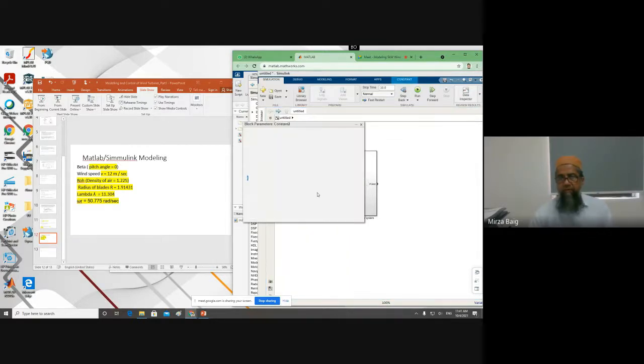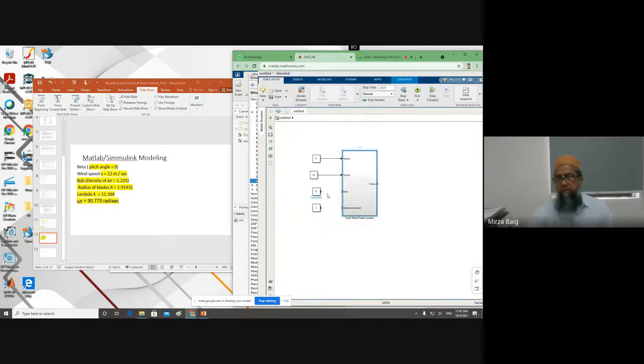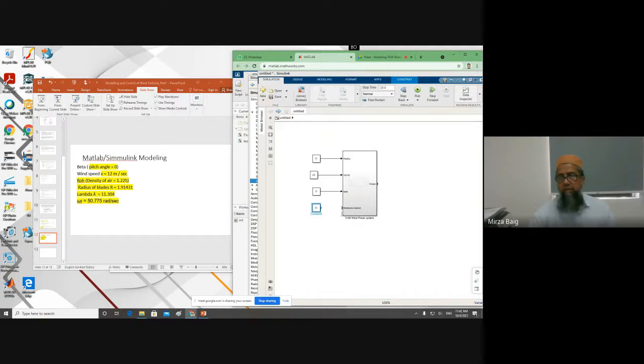Beta we give 0. There's no pitch angle, we are keeping it simple. And rotational speed is 50.775. Okay. And we have a display. Power.